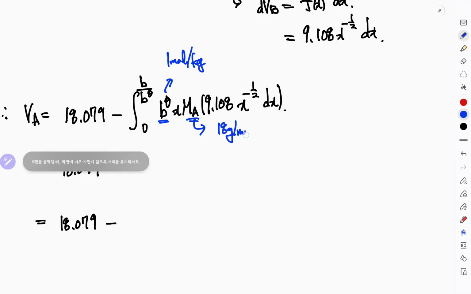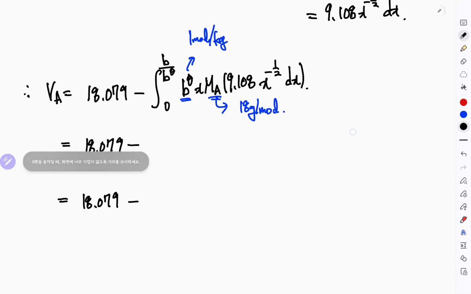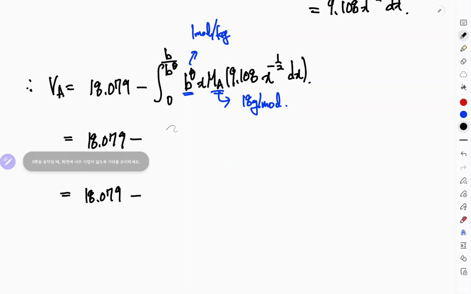If we integrate the x to the 1/2, it is 2 over 3, like this, and 0 is 0, and we are going to insert this b over b naught to the 3/2.